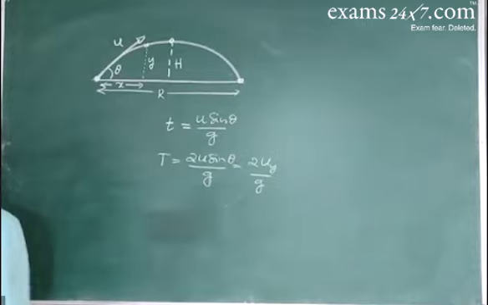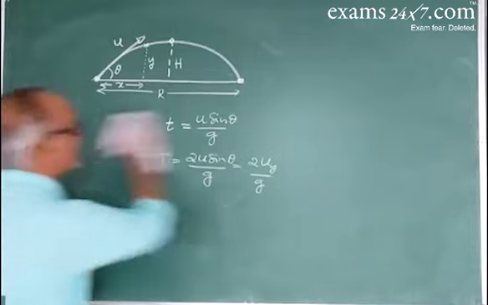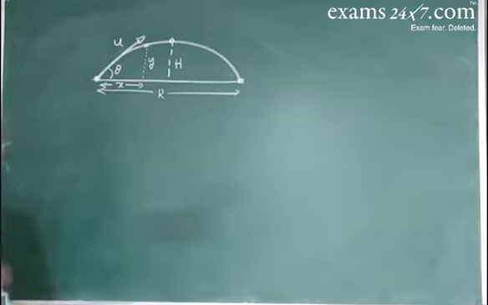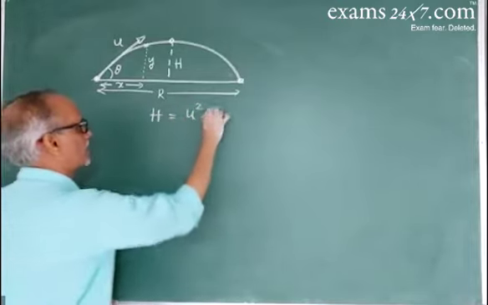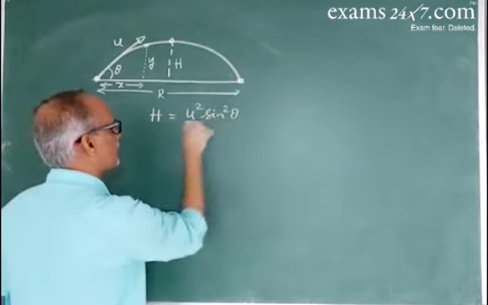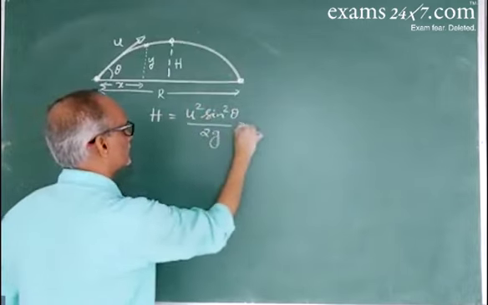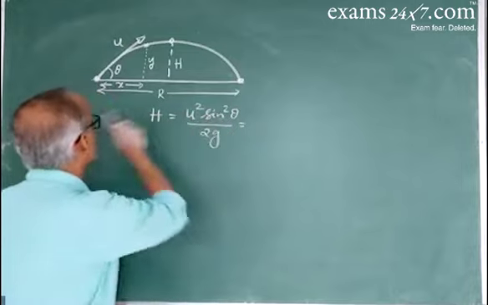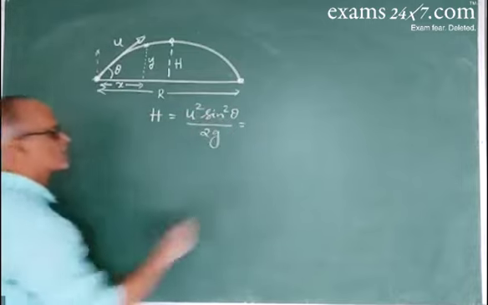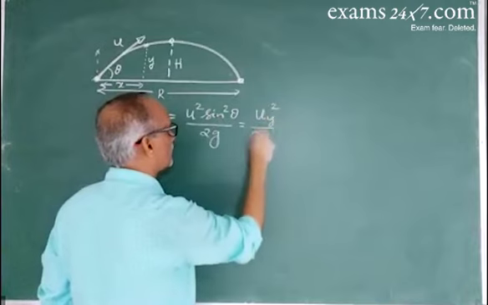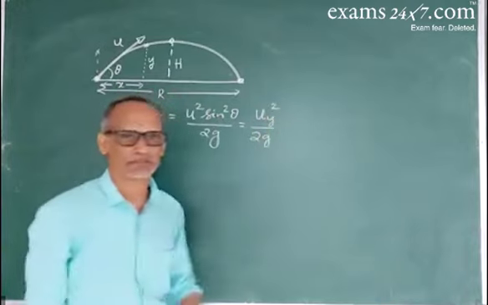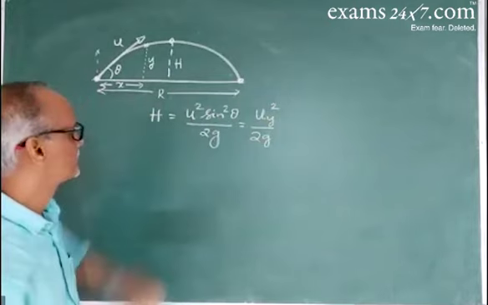So what is the equation for maximum height? Capital H. H is given by u square sine square theta by 2g. And u square sine square theta is nothing but again the vertical component, so that is uy square by 2g. So that's the maximum height.